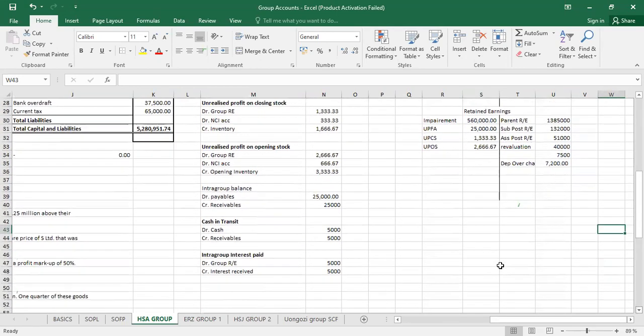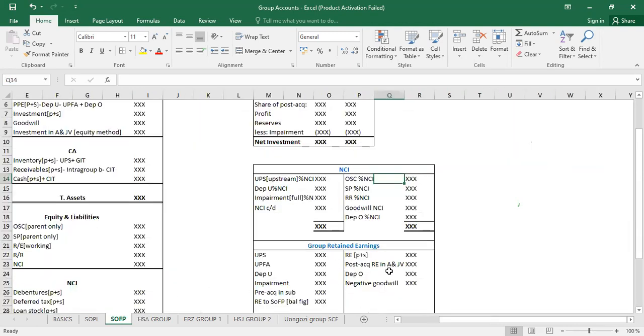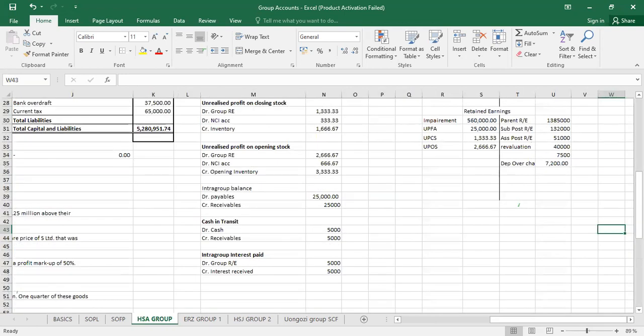Then what else is remaining? Okay, I see nothing else. Let me just confirm from here. So the post-acquisition in retained earnings and joint venture. So you never had negative goodwill, isn't it?